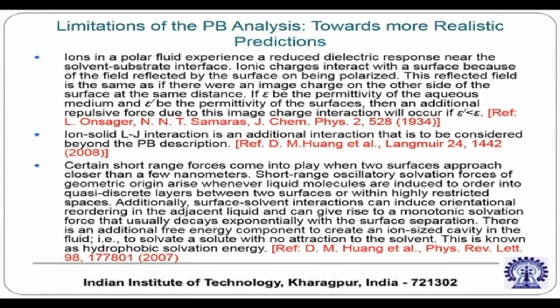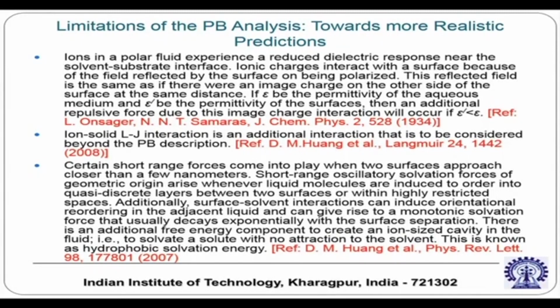Ions in a polar fluid experience a reduced dielectric response near the solvent substrate interface. Ionic charges interact with a surface because of the field reflected by the surface on being polarized. This reflected field is the concept called image charge. The reflected field is the same as if, like a reflection, there was an image charge on the other side of the surface at the same distance.